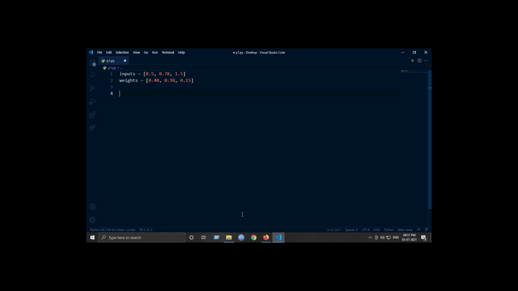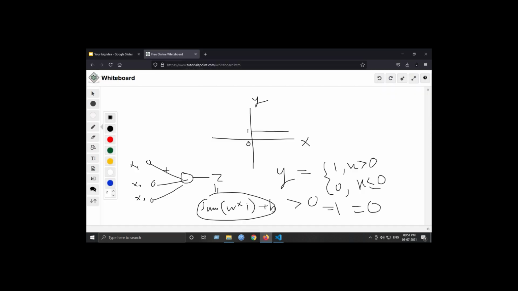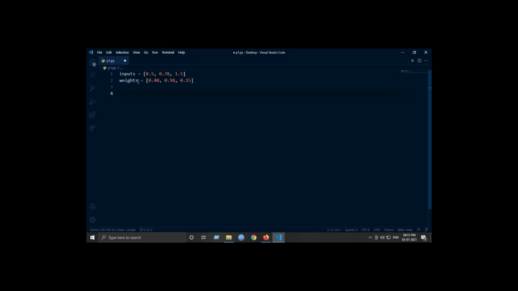Now, as I explained earlier, this will be the formula: summation of the current weight value into the current input value. And also we forgot the bias. Let's say 2. Now we will calculate our output.